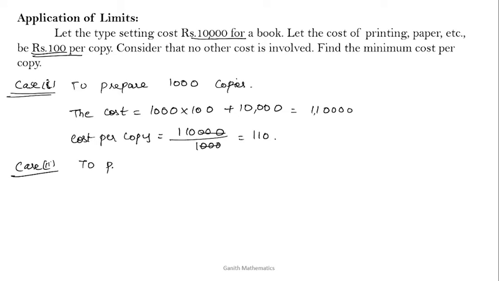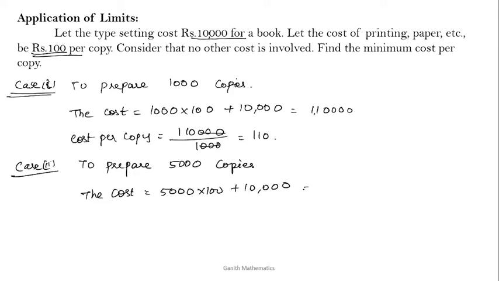To prepare 5,000 copies, the cost will be 5,000 into 100 plus 10,000.